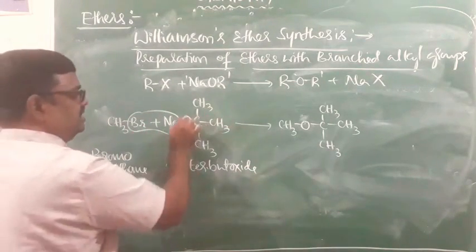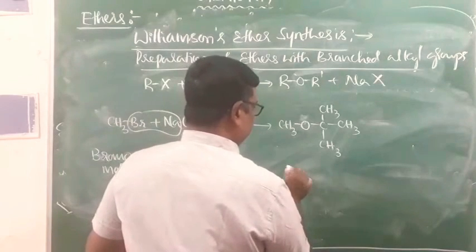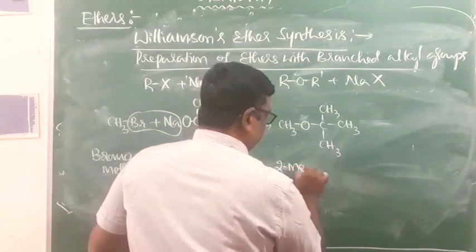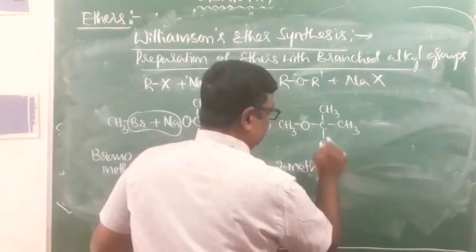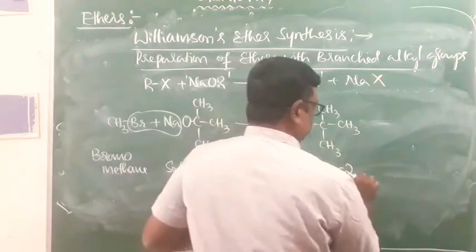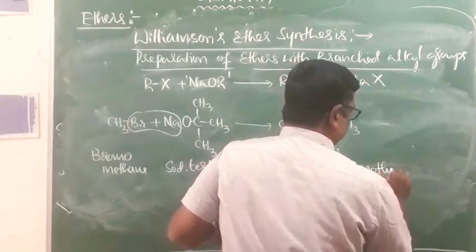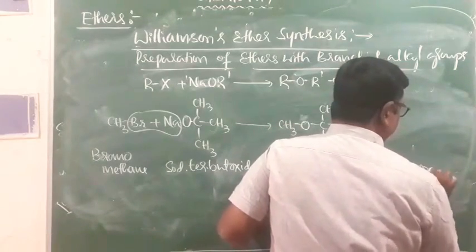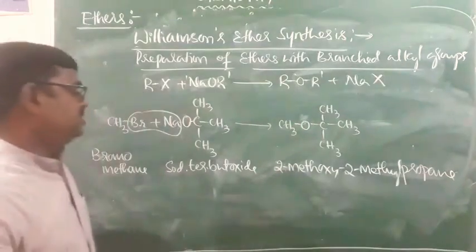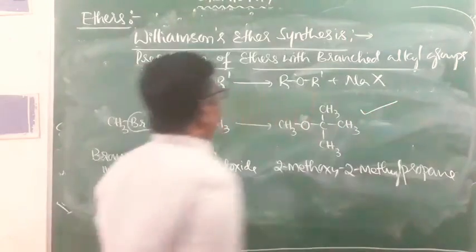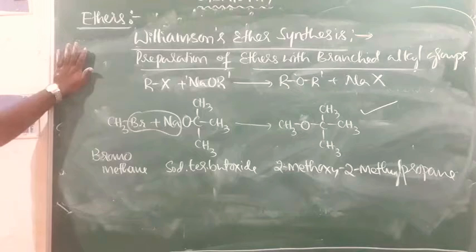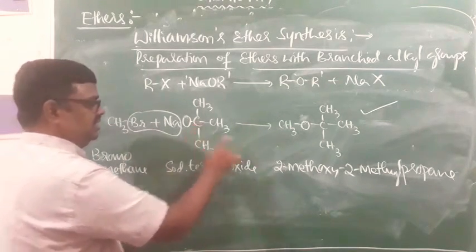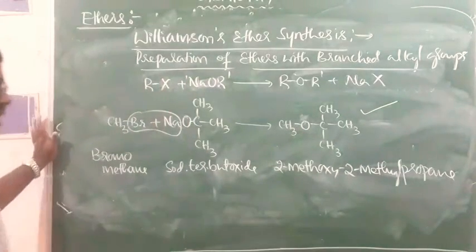And now this is the product, 2-methoxy-2-methylpropane. There are 3 carbon atoms, therefore it is propane. So when bromomethane reacts with sodium tertiary butoxide, you get 2-methoxy-2-methylpropane.